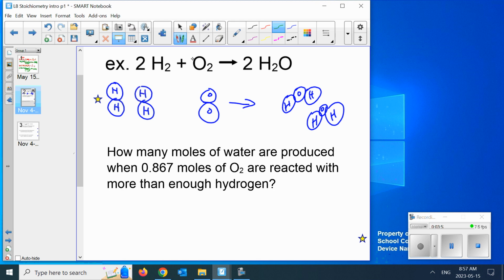Here's how we set these up. It's the same skill we've been using with grams and moles. Start with the single thing that's not a fraction: 0.867 moles of oxygen. We're not changing to grams. We don't need that in this question. Jot it down.